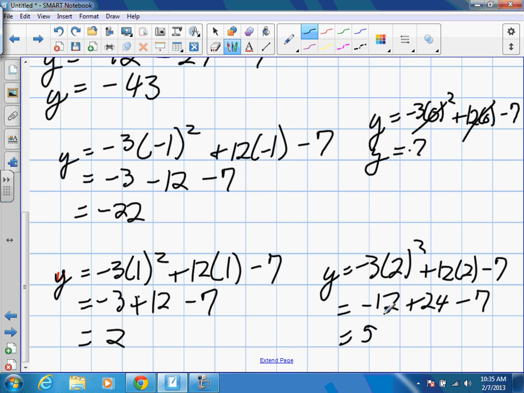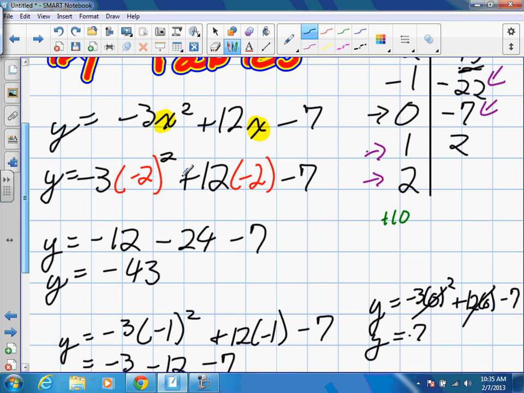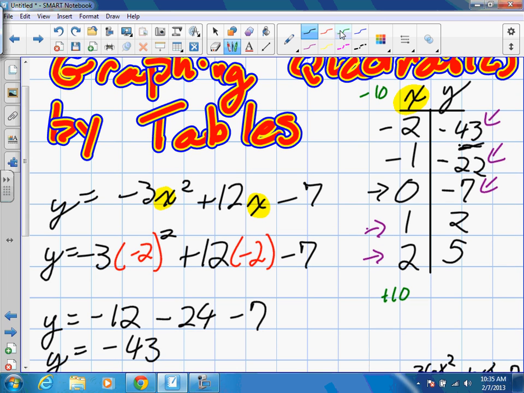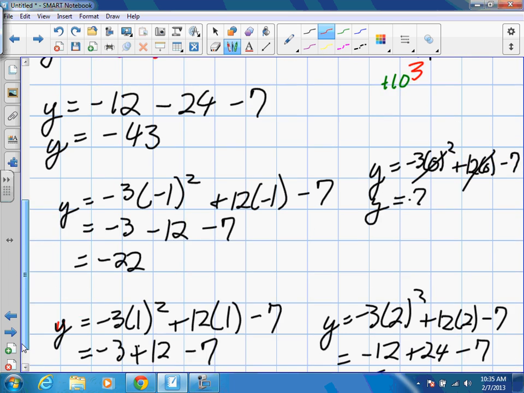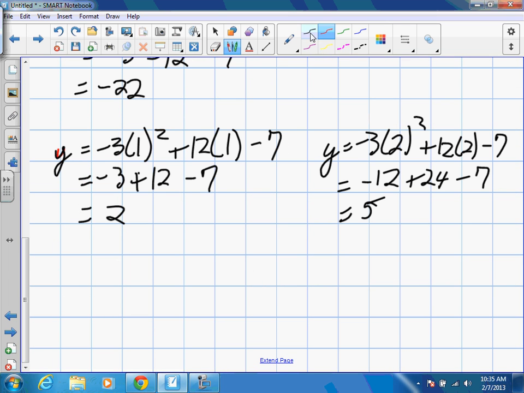Now, if you notice, I haven't started to come back down again. Quadratics either go down and then come up, or go up and then head down. These values are still changing. So I'm going to try the next value of 3, just to see if there's a dip, to figure out where this vertex is going to be. I know this is quite a bit of math, so I only gave you 4 questions to do.